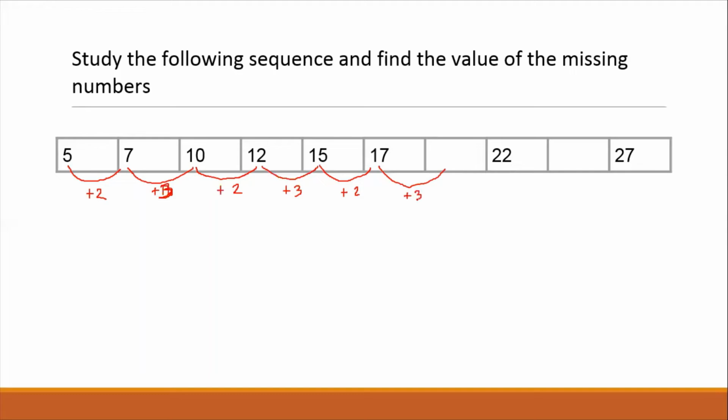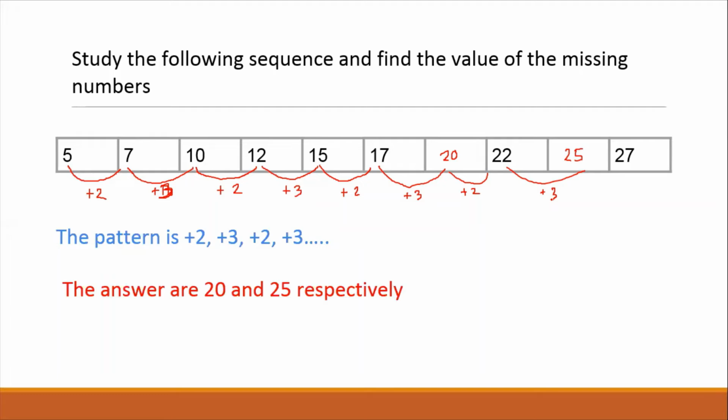The answer is 20. The next pattern is plus 2, that makes it 22. Next, 22 plus 3 makes it 25. And 25 plus 2 is 27. So the pattern for this is plus 2, plus 3, plus 2, and plus 3. And for our answer, we have 20 and 25 respectively.